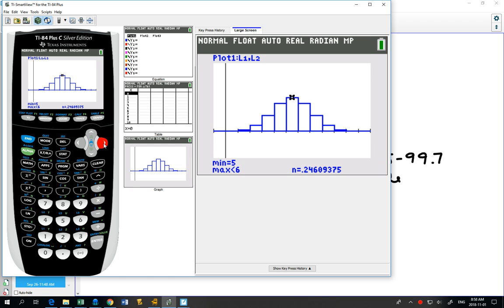What is the length and width of that rectangle? Well, the base is 1. The height is 0.246. Can you see that the area of that rectangle is equal to 0.246? If we added up all the areas of the rectangles, that would be exactly the same as all of the probabilities, and it would add up to 1.